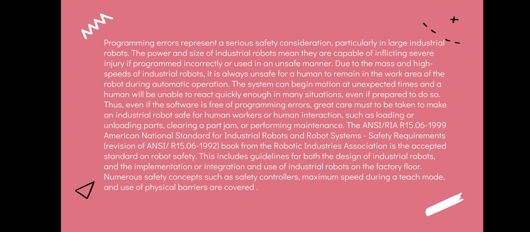This includes guidelines for both the design of industrial robots and the implementation or integration and use of industrial robots on the factory floor. Numerous safety concepts such as safety controllers, maximum speed during a teach mode, and use of physical barriers are covered.